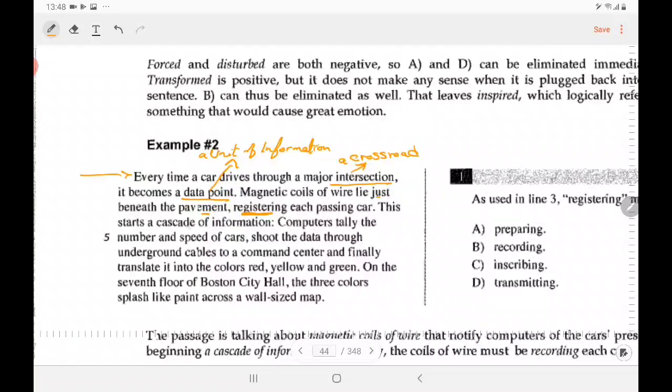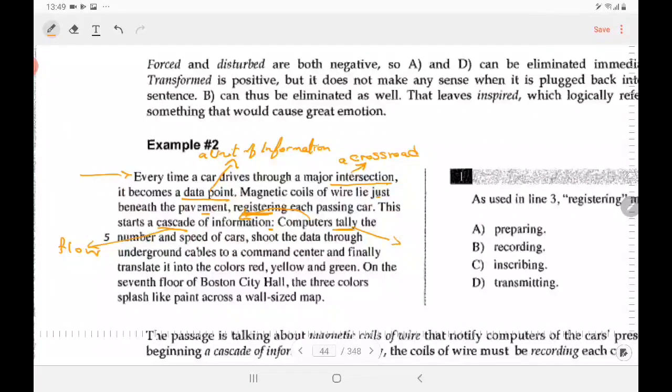This starts a cascade of information. You can say a flow of information. So much information. I have here a colon, so what's after the colon will explain what's before it. This will explain that. Computers tally the number and speed of cars.